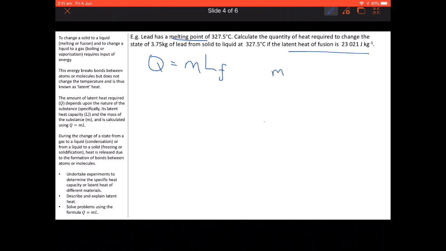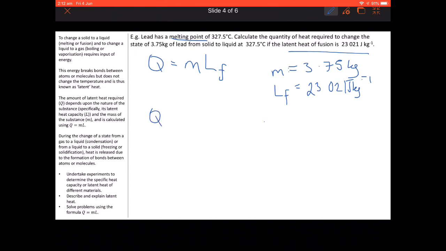Mass is 3.75 kilograms, and the latent heat of fusion is 23,021 joules per kilogram, that should be.